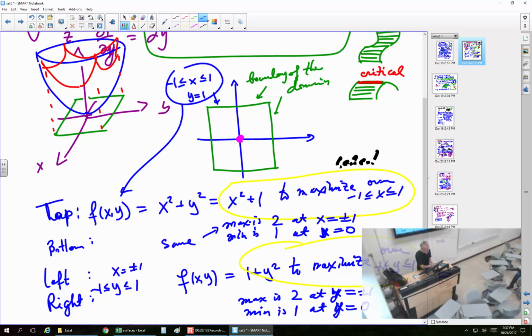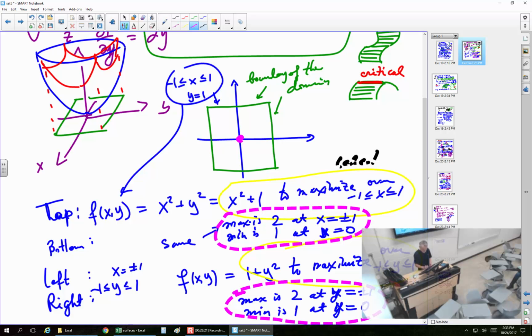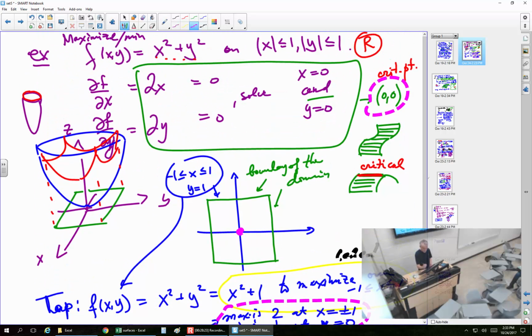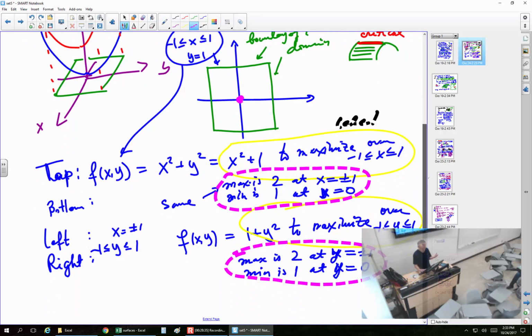Okay, so these go to my list. In addition to this one at the top, I forgot to mention that the function at 0, 0 is equal to 0 as well. Now, how many points are these?